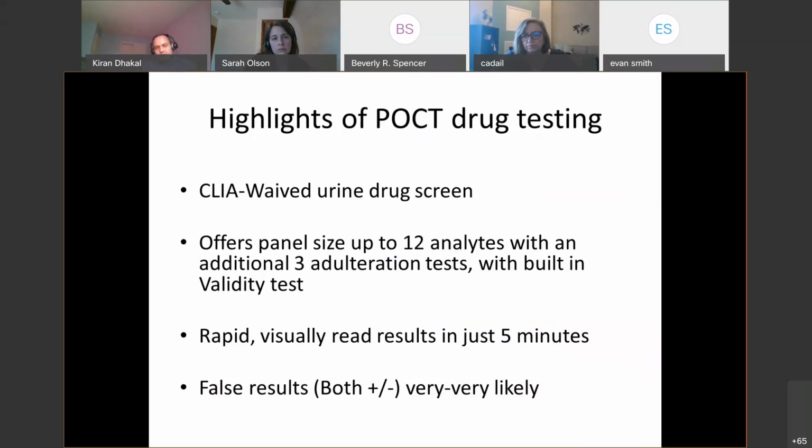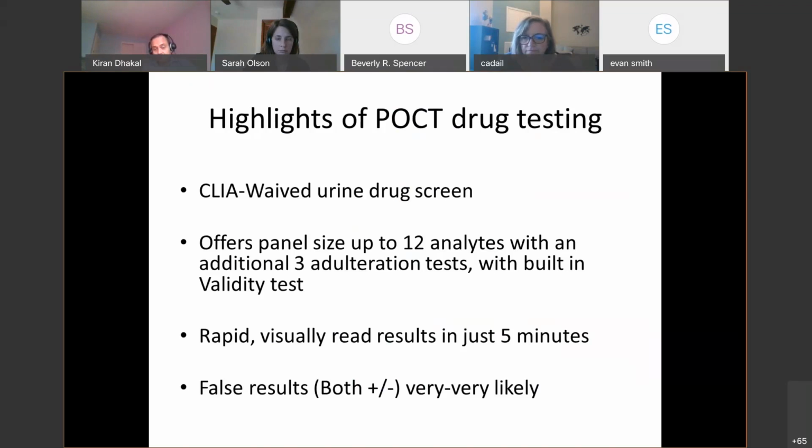So some highlights of the dipstick testing. This is a waived test, so anybody can perform the test. You do not need a specific lab space or a specific license to perform this kind of test. And within a single cup, there are all the tests, up to like 12 drugs you can test in one cup, with adulteration test and validity test all built into one cup. And they are rapid.